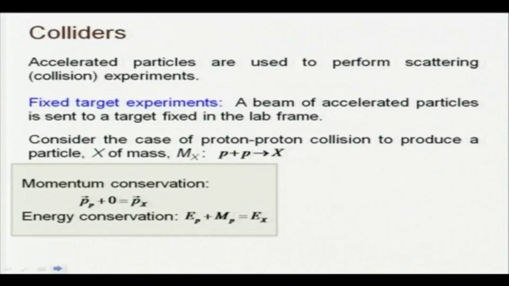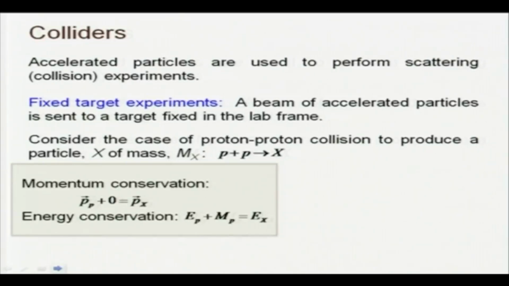Okay. So, in that case momentum conservation will certainly tell us that there is only one particle which is moving initially. Let me denote that by Pp vector, and the other proton is at rest. Say it is a proton belonging to the target. So, we have 0 for its momentum, and that is equal to the final momentum, where there is only one particle that we are going to assume here, Px.